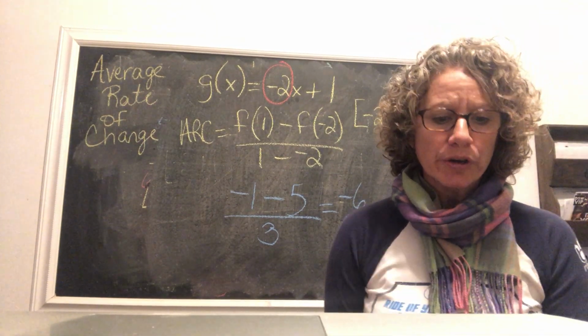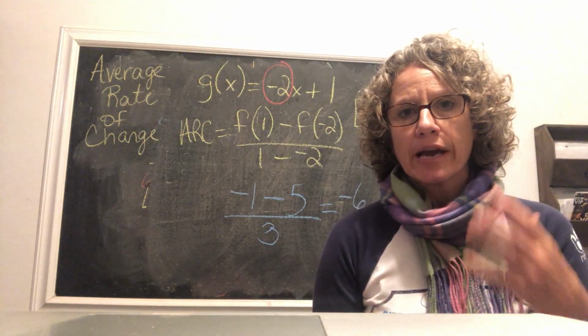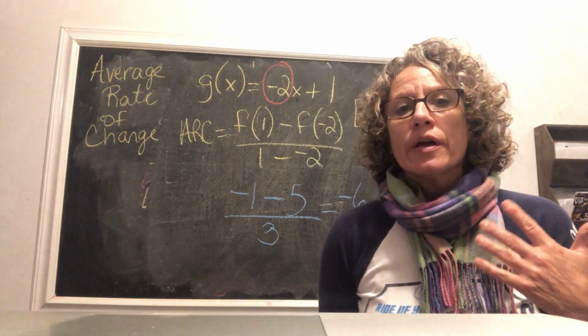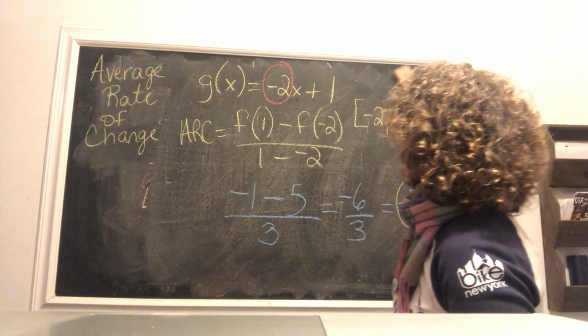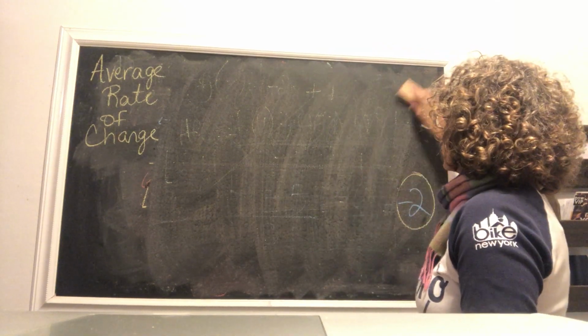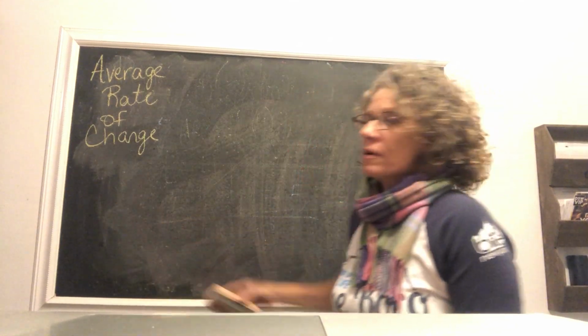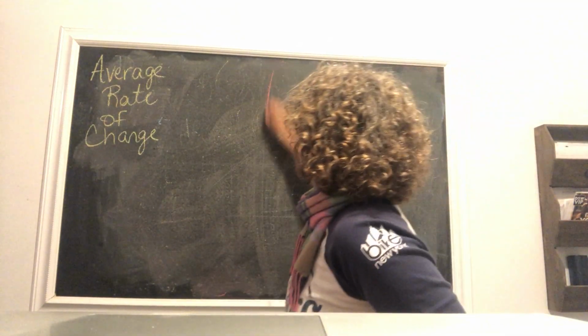Okay, so you're going to get problems where you have a graph and you have to calculate the average rate of change. As the function gets steeper, the average rate of change will increase. As it becomes less steep, the average rate of change will get less steep.